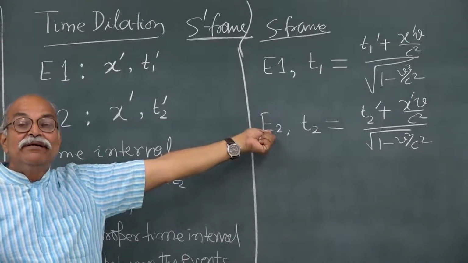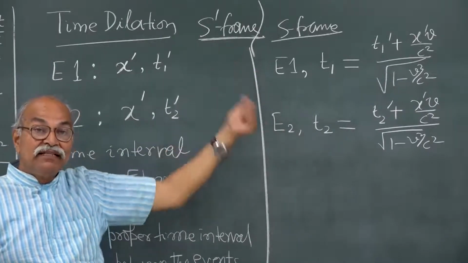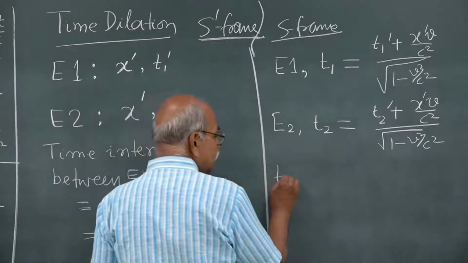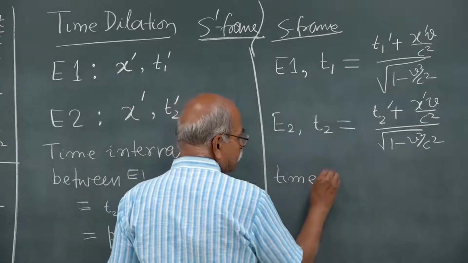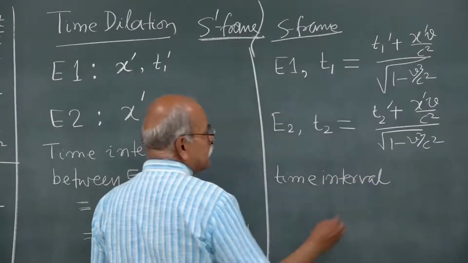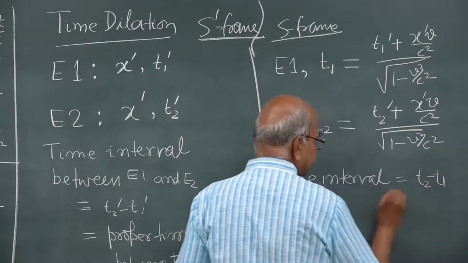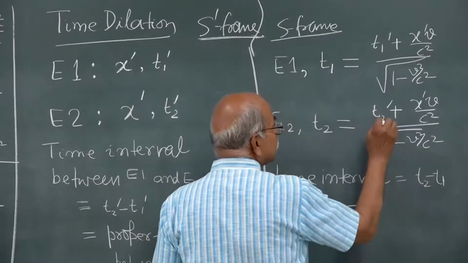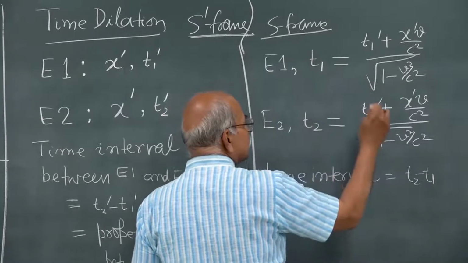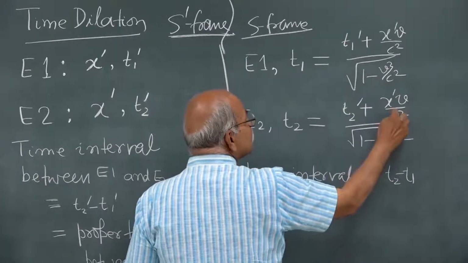So what is the time interval between these two events, E1 and E2? That time interval will be T2 minus T1, and that T2 minus T1 will be T2 prime minus T1 prime, and this part will cancel out.